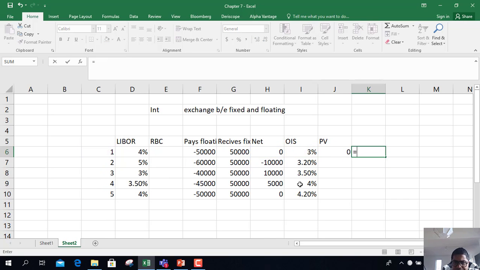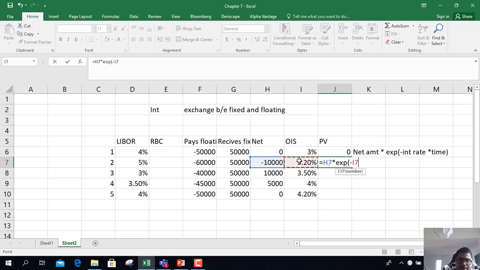So the formula is netted amount multiplied by exponential negative sign interest rate into time. So if you do that, it will be 10 grand netted amount multiplied by exponential negative sign interest rates times time.